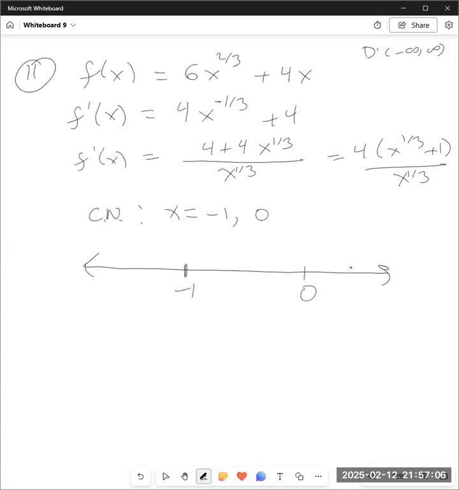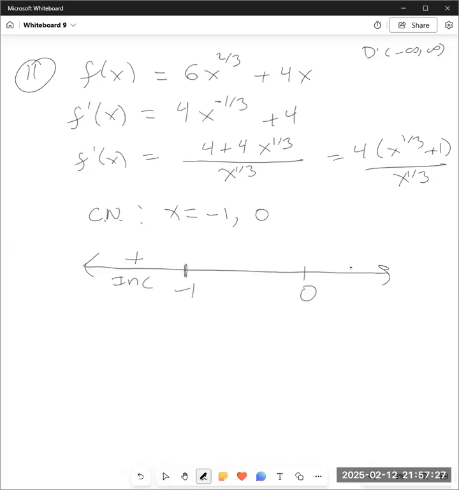Then I get a -2 plus 1, which is a -1, times a 4, which is going to be a -4 over a -2. So that's going to be positive, and that makes this increasing here.